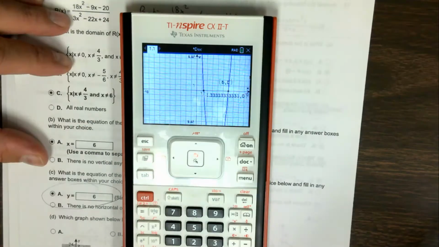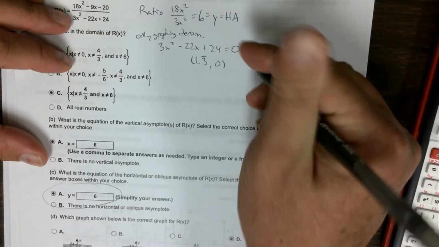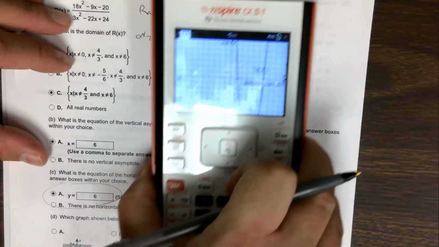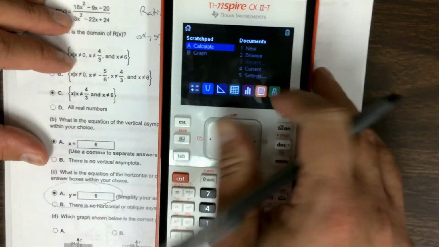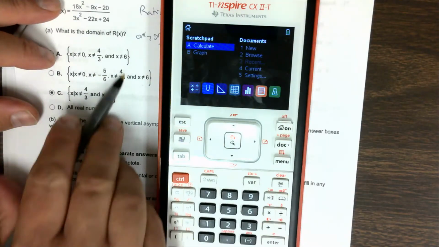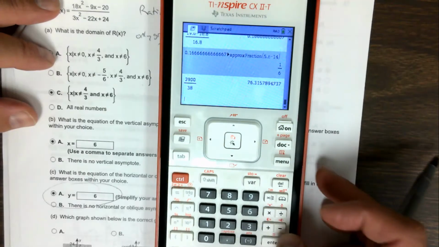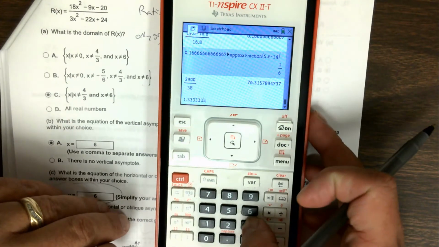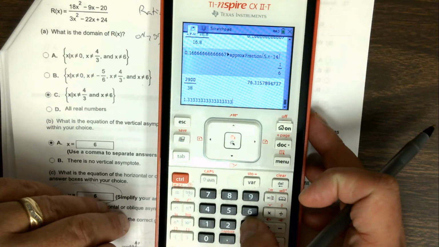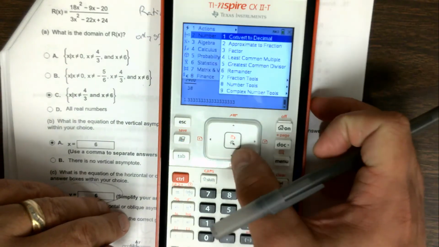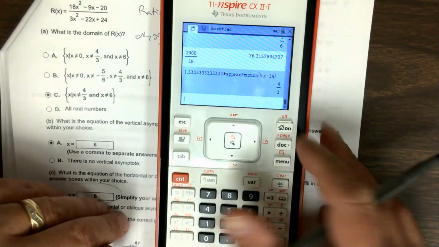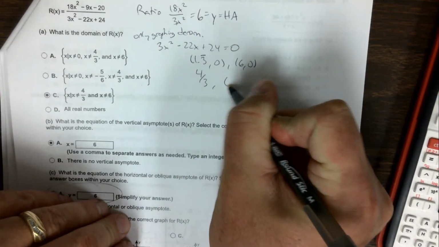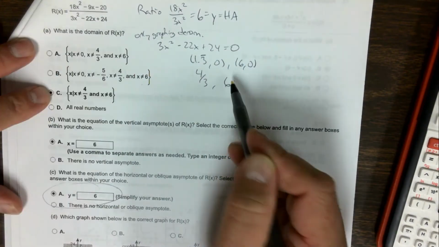So those are our two that we want. Now, if you don't know what that fraction is, you can go 1 point and then type a bunch of 3's, then do menu, number, fraction, and there's 4/3. So 4/3 and 6 are where it's undefined.